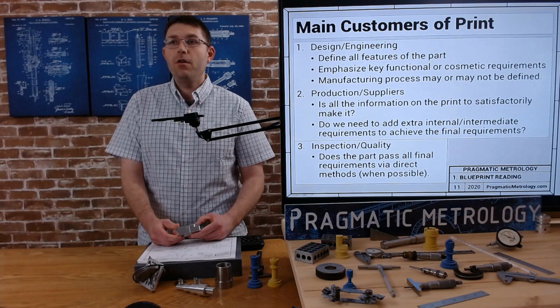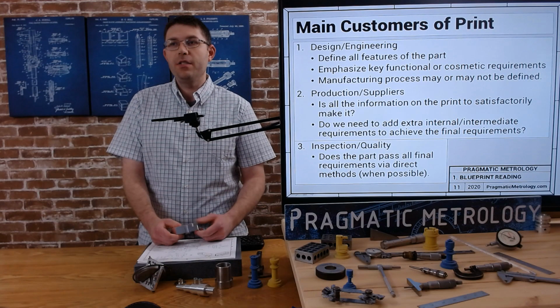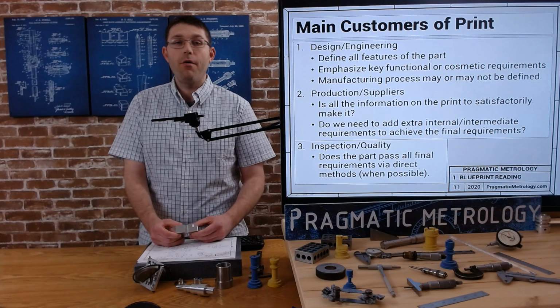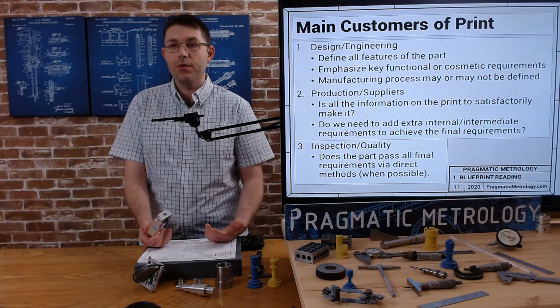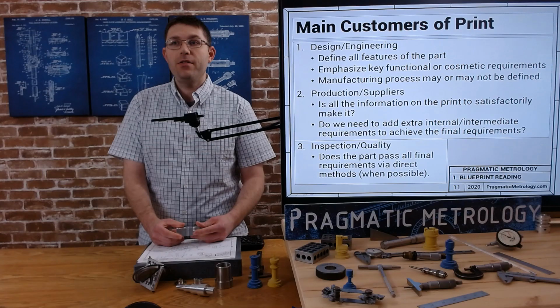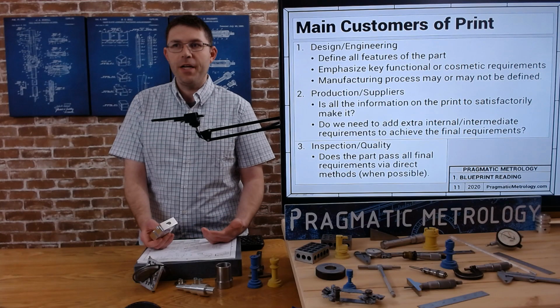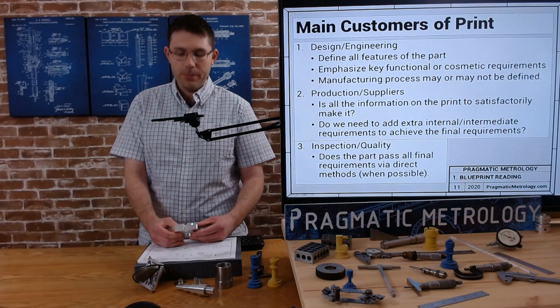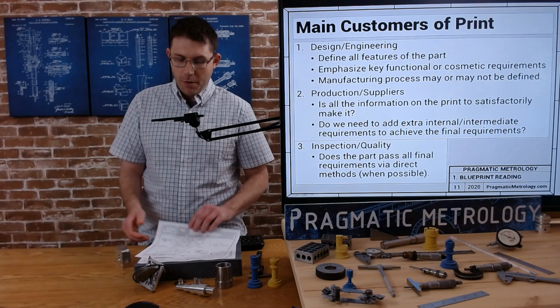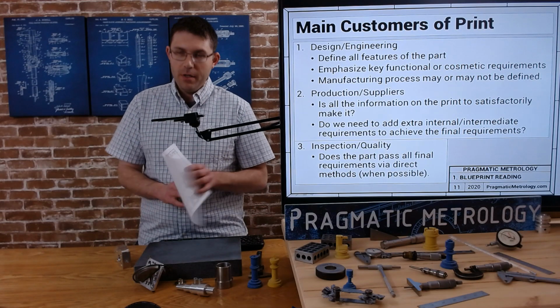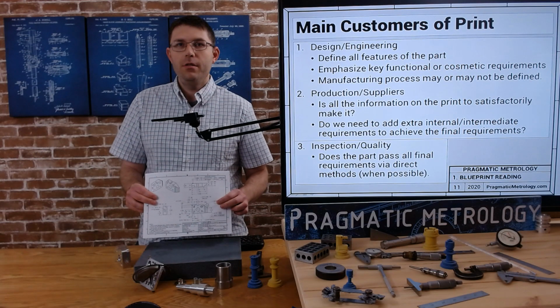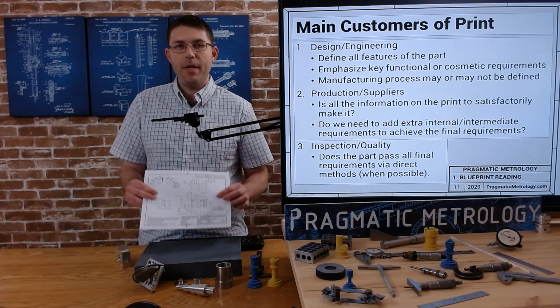And then let's go into that third customer, inspection or quality. So our only driver is really, does the part pass all final requirements via the direct methods when possible? So, I always say, again, the print has all the requirements. Inspect to the print.